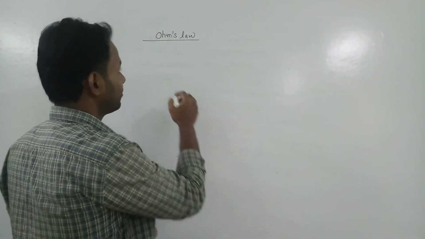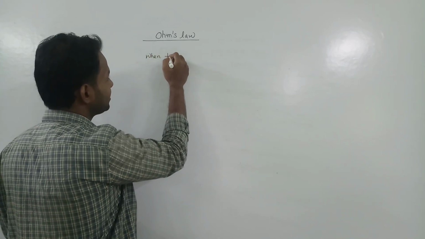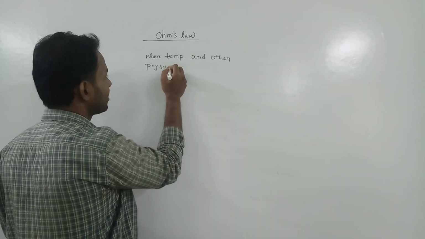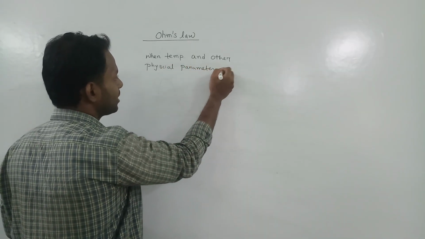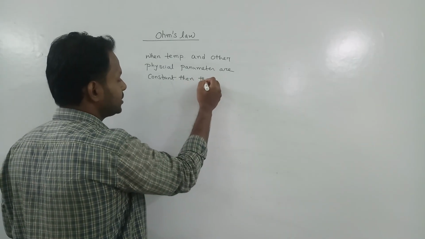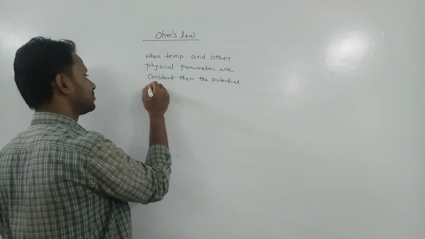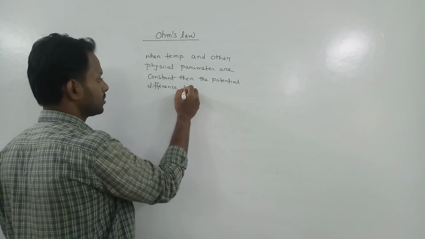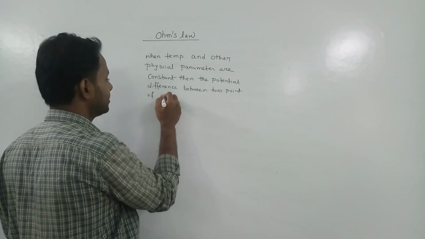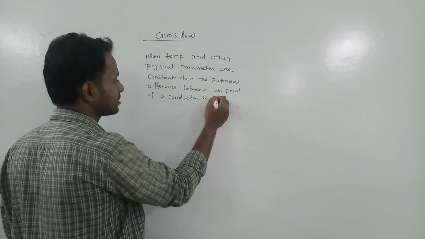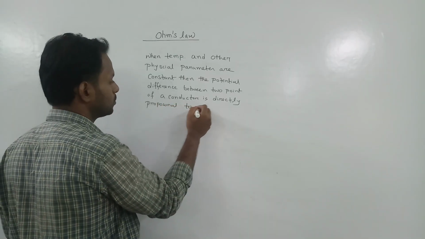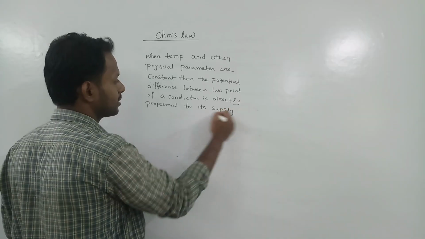Ohm's law defines that when temperature and other physical parameters are constant, then the potential difference between two points of a conductor is directly proportional to its supply current.